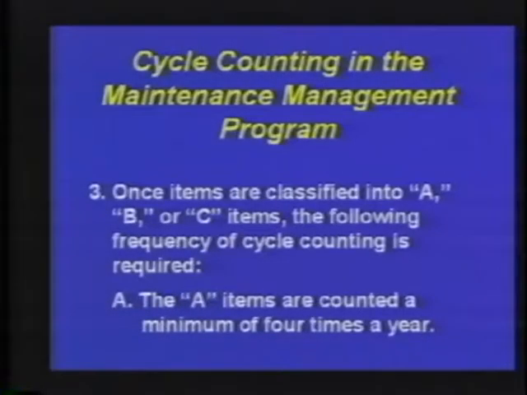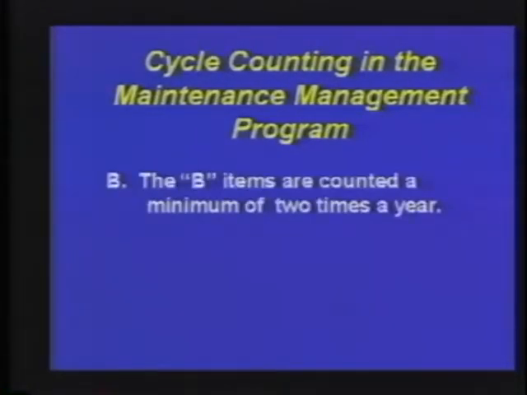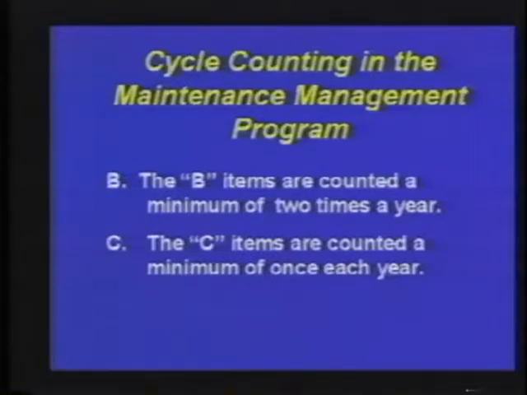And as A, B, and C under 3 indicate, the A items must be counted a minimum of 4 times a year, the B items twice a year, and the C items once a year. Now, many of my clients that I have worked with over a period of years have items that they will count every week.